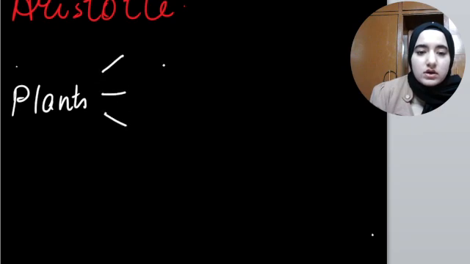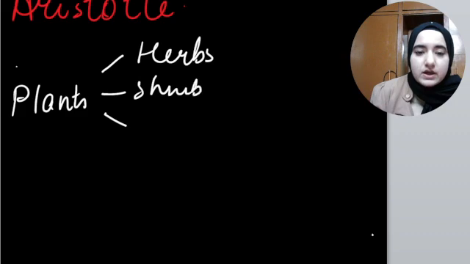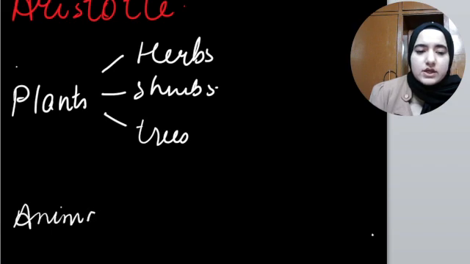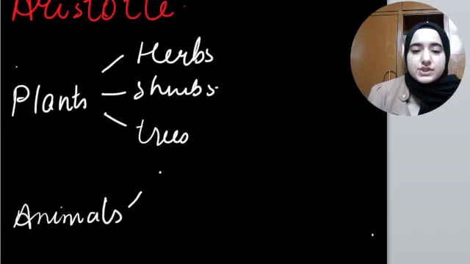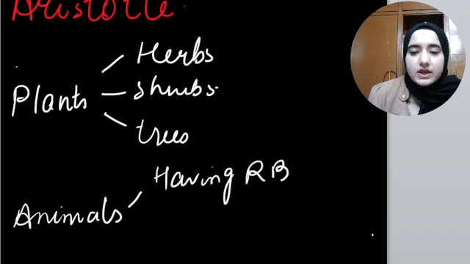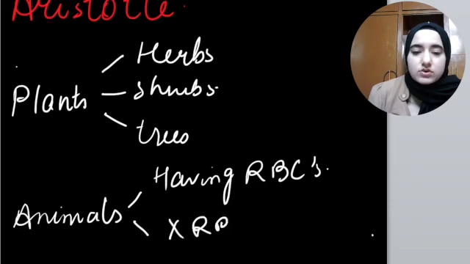Aristotle classified plants into herbs, shrubs, and trees, okay? And he classified animals into two categories: those having red blood cells, RBCs, and those not having RBCs.